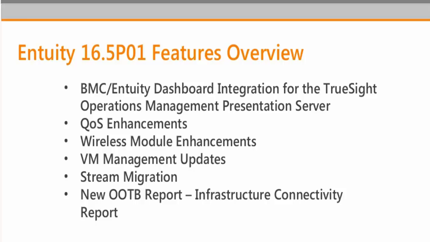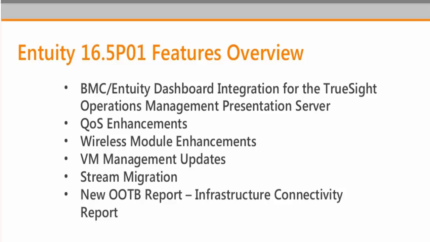We've done some other modifications to the user interface as it relates to the way that we monitor wireless controllers. We've got various different manufacturers' controller architectures supported within the product. If you take the wireless controllers under management when you have the wireless module enabled, it will understand all of the configuration, not only of the controller, but also of the wireless access points that are dynamically associated with each controller.